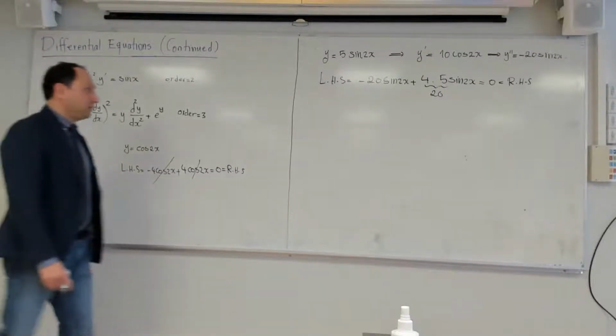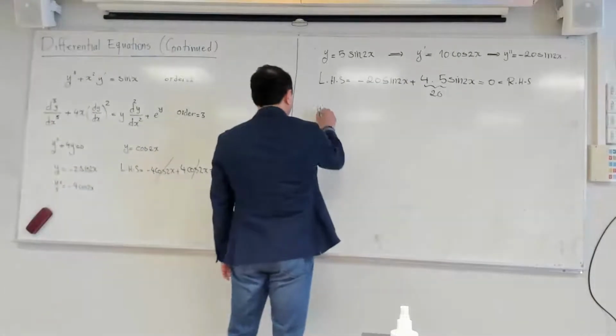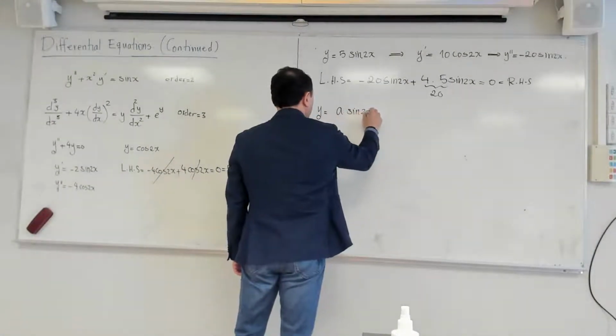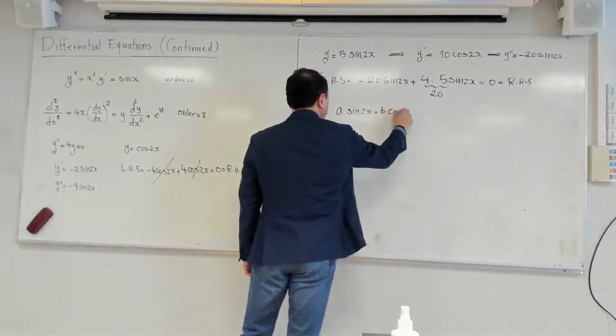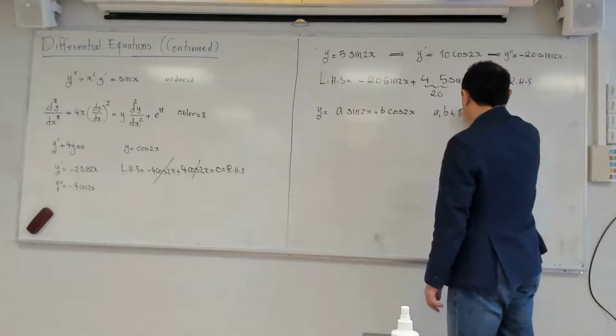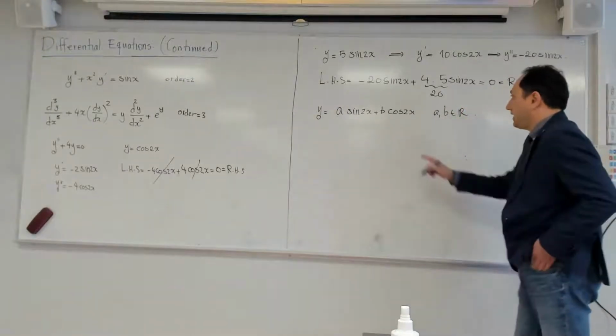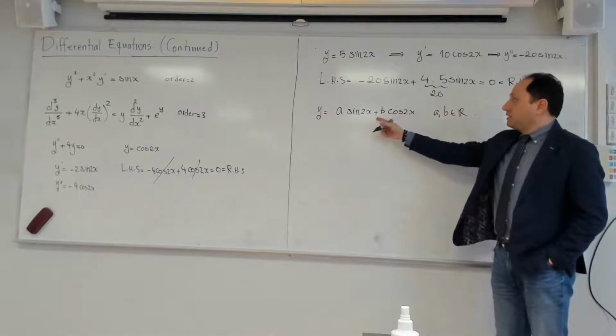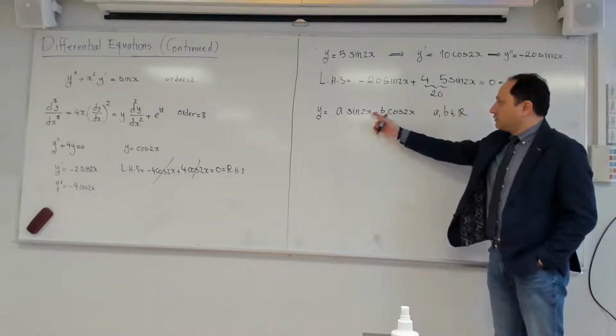Okay. So for example, if I ask you to show that a sine 2x plus b cosine 2x, where a and b are arbitrary constants, so it means that now I have two free parameters. In this function, I have two free parameters.